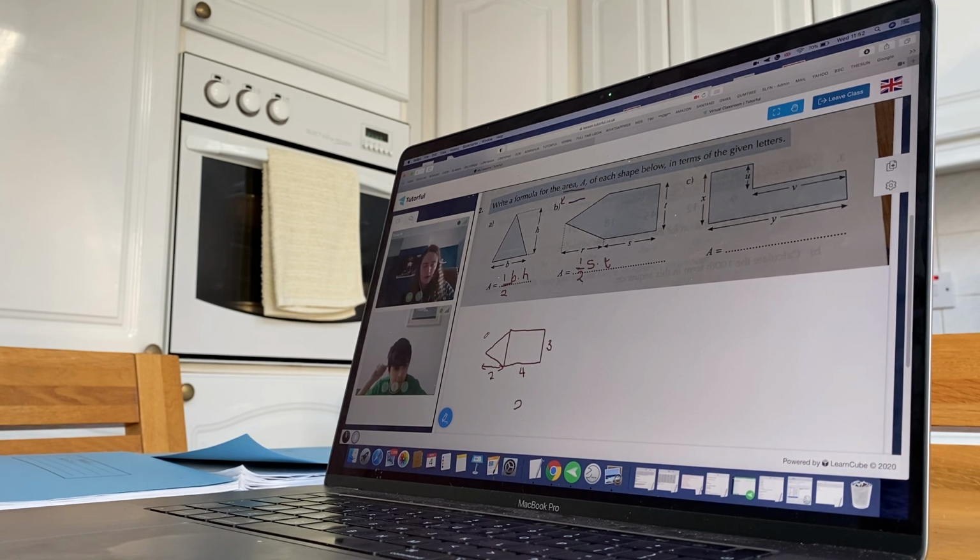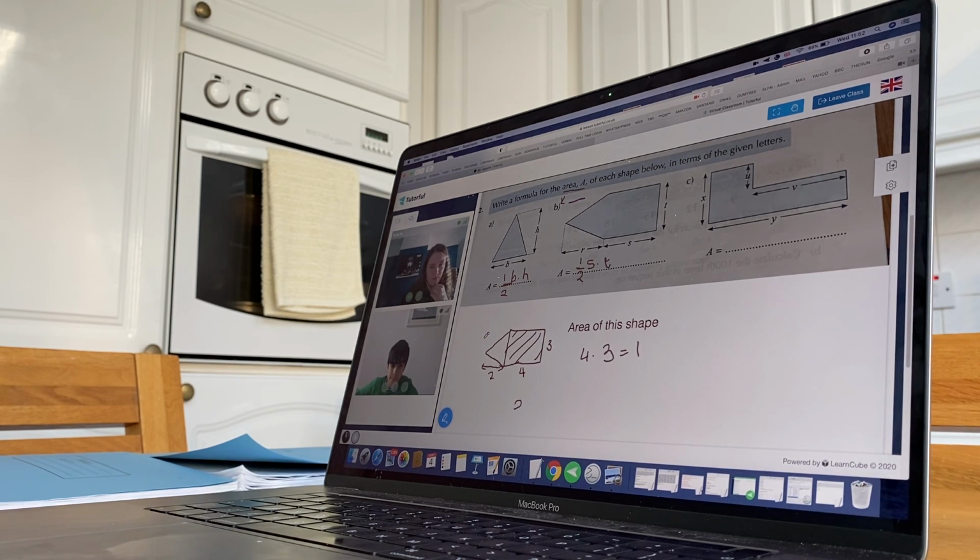Would we divide them, because it's half? With just numbers, how would we work this out? Do you have any idea? Multiply them together. Multiply what together? 4 and 3 to get this area, which makes 12.